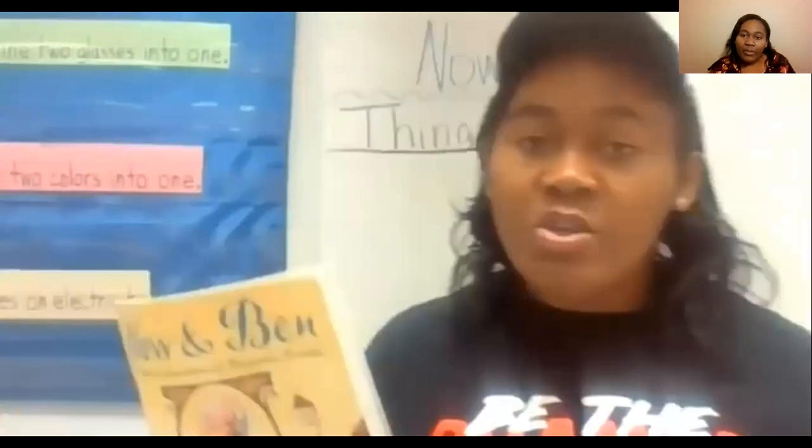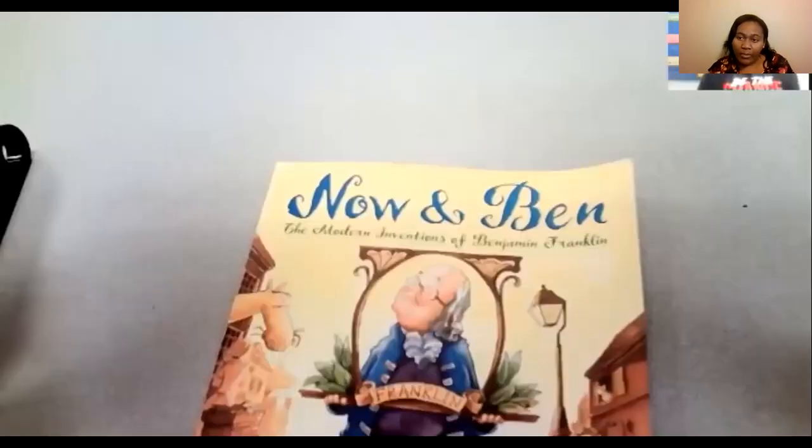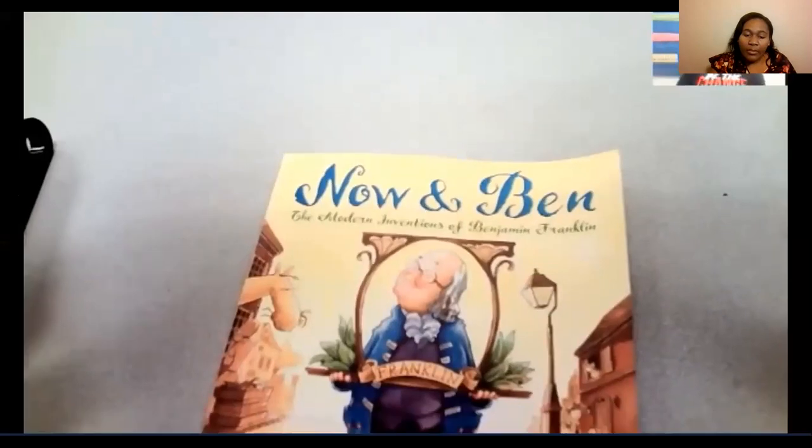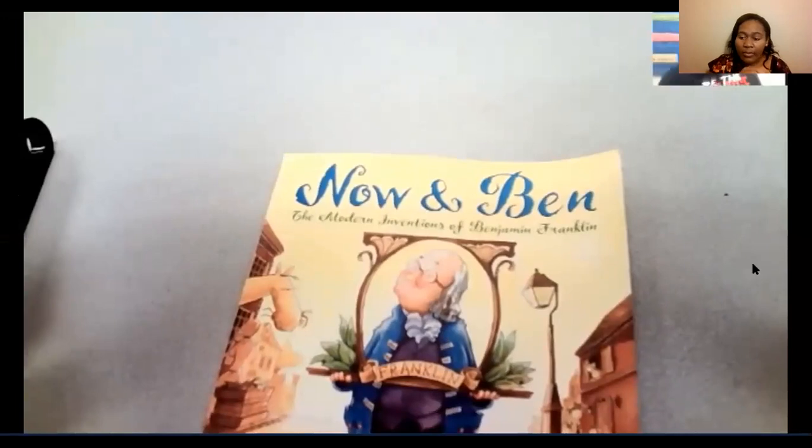It also shows us how Benjamin Franklin's inventions are still used today, more than 2 centuries later. Later, students, I will ask you to write about 3 things that Benjamin Franklin invented. And you can use our chart that we create as you write.